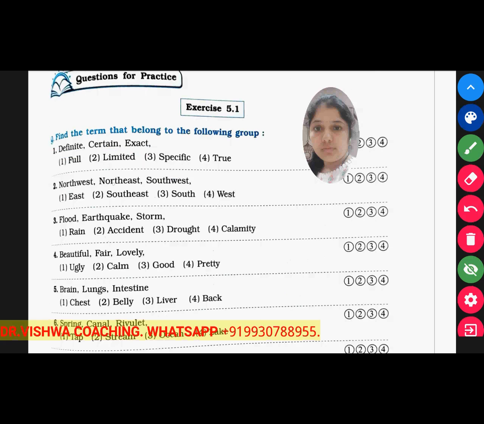Now northeast, northwest, southwest, all are the directions. Which direction correlates with these? So southeast is the answer. Now flood, earthquake, storm, all these are natural calamities. So calamities is the correct option here, because they belong to the group calamities.